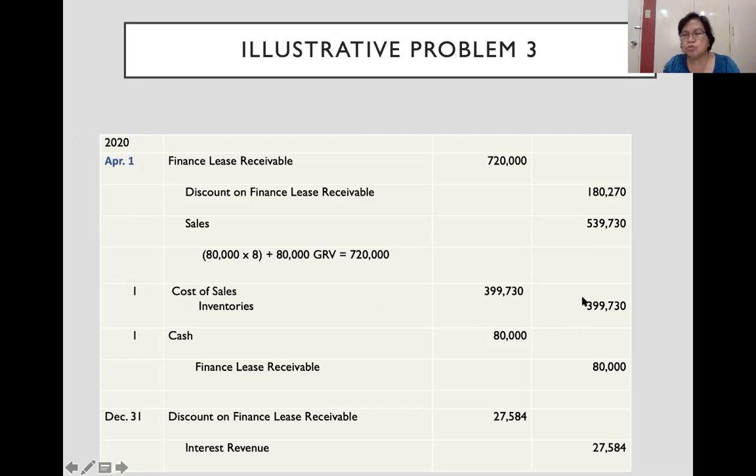Now, in addition to the gross profit during period of commencement, there will be additional revenue that is earned over the lease term, and that is your interest revenue. So debit discount on finance lease receivable and credit interest revenue, so same computation as before. Then subsequent collections for year 2021 will be recorded in the same manner as we recorded them under direct finance lease.